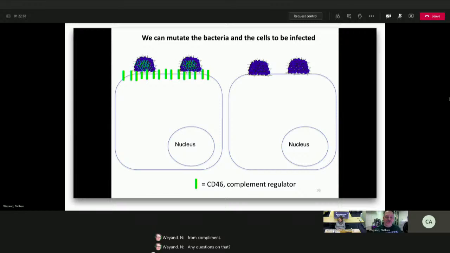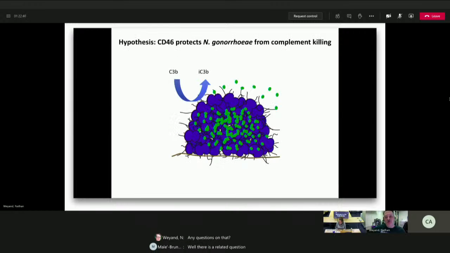Well, there is a related question. Is it better for an infectious microbe to be lethal or sublethal and stealthy? You're talking about a bacterium that is stealing complement regulators so it can just sort of hang out.